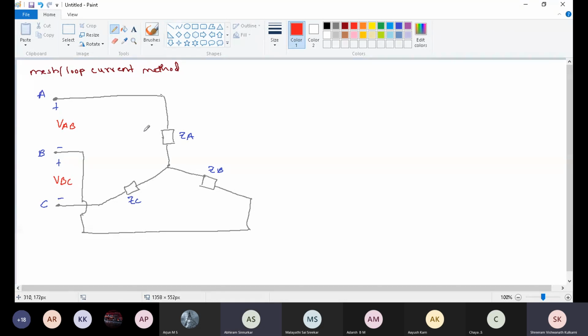So find the current in the closed loop. First, we need to mark the loop current. Correct. How many loops are there visible here? How many loops can we see in this figure?